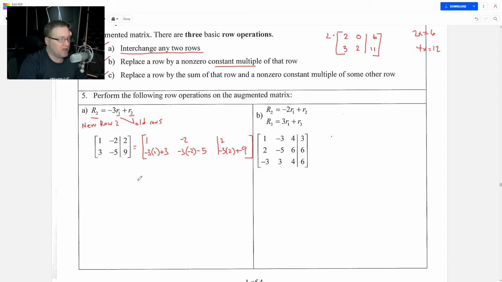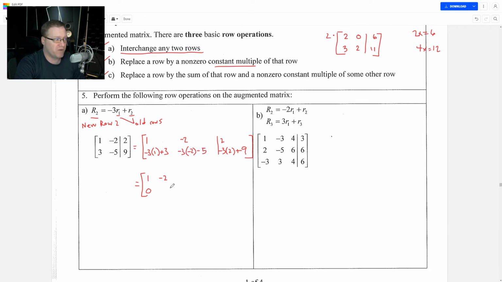All right, now we just simplify this. We're going to get 1, and then -3 times 1 plus 3 is -3 plus 3, which is 0. And then right here, our first row, second column is going to be -2. And then our second row, second column is going to be -3 times -2, which is 6. And then we're going to subtract 5.